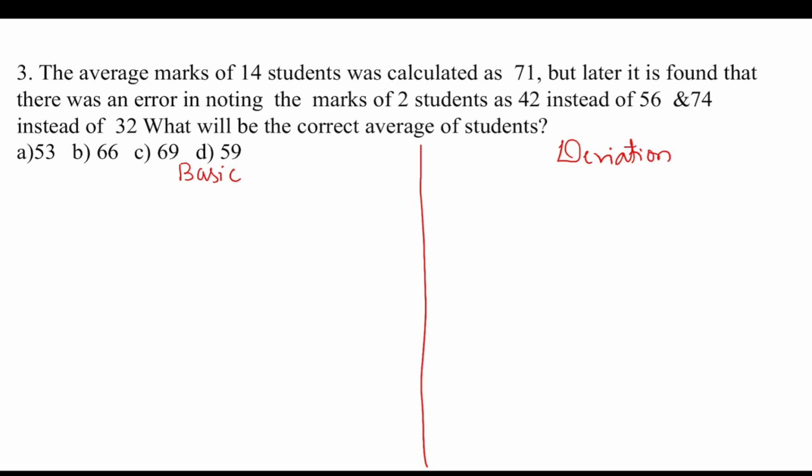Now the average marks of 14 students was calculated as 71. So the sum will be 14 into 71, which is 994.